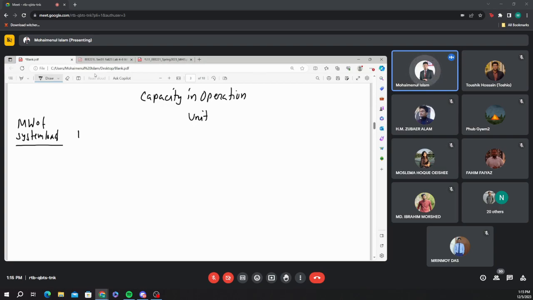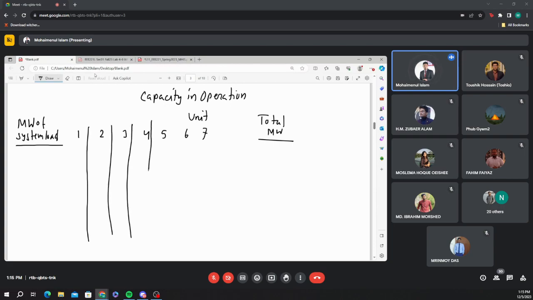Suppose these are the number of units: 1, 2, 3, 4, 5, 6, 7. And the total demand, total megawatt you can cover, you can write it on the right side. For that, we can draw some lines to make it very clear.